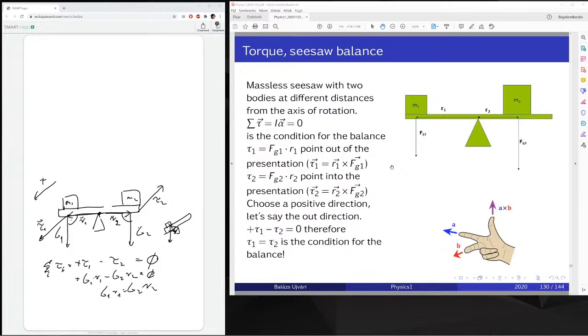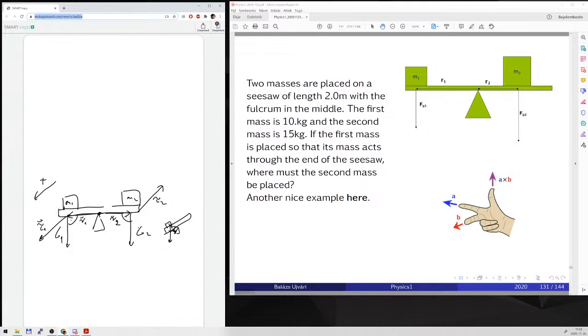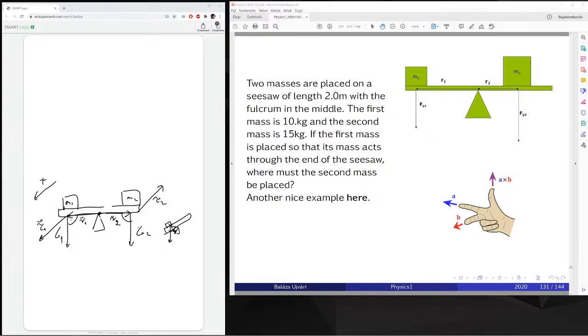What does it mean with numbers? Wait, I forgot to send the link of this table. So if, for example, mass 1 is 10 kilogram, mass 2 is 15 kilogram, R1 is 2 meter, where should I place the M2?